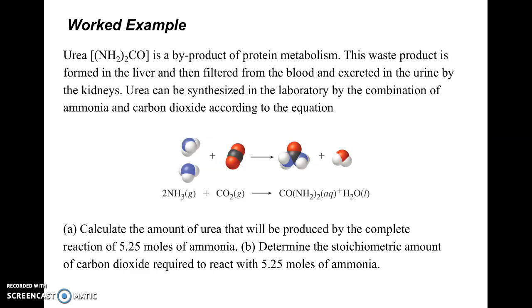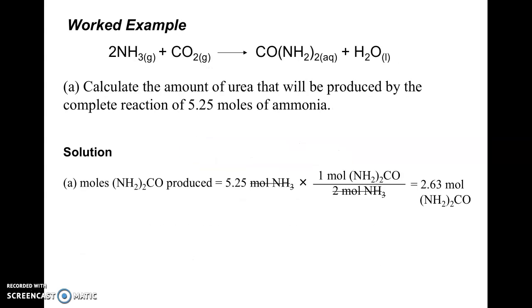So what we want to do is calculate the amount of urea that will be produced by the complete reaction of 5.25 moles of ammonia. And then determine the stoichiometric amount of carbon dioxide that it would take to react that 5.25 moles of ammonia. And so on this slide, I'm just keeping track of that reaction.